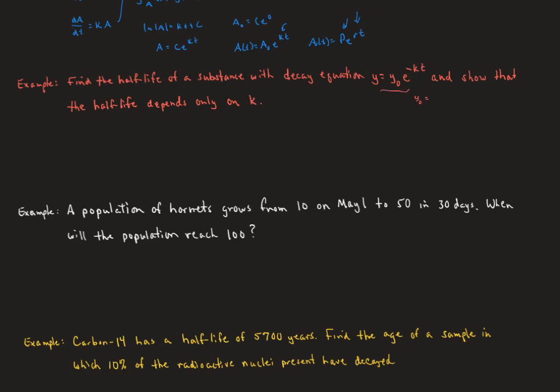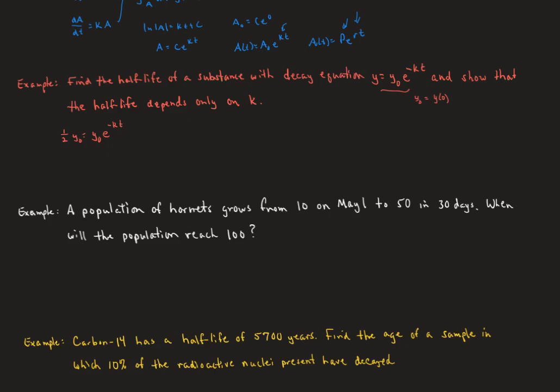That's going to be our population at time 0, because when you put in 0 for the t, you get e to the 0 times y sub 0. So half of that will be 1/2 y sub 0, and that's going to be y sub 0 e to the negative kt.